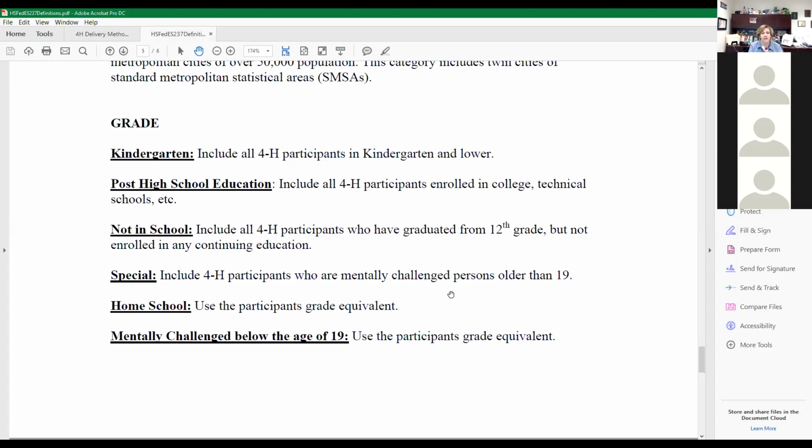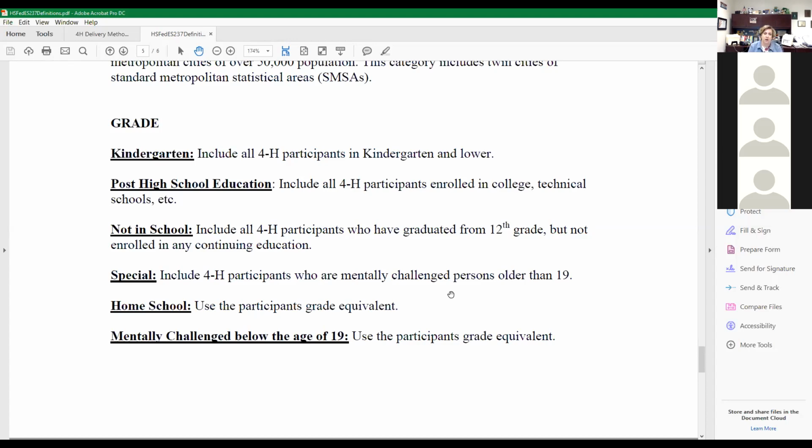But essentially, special category is for those participants who have a mental disability that are older than 19 years old. We do allow that, especially if they are still enrolled in high school, because sometimes you'll have a 20 or 21-year-old that's still enrolled in high school, and they have an IEP, then that's the category they would be considered in.